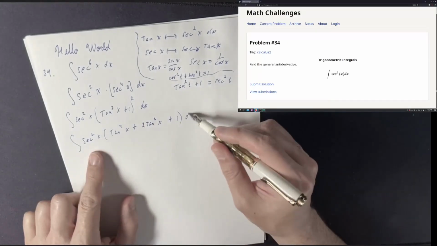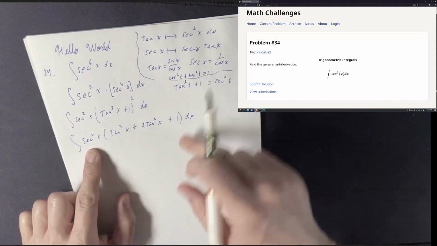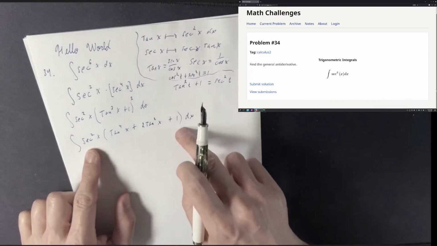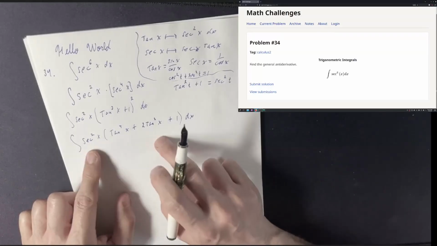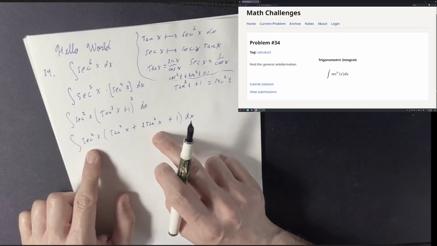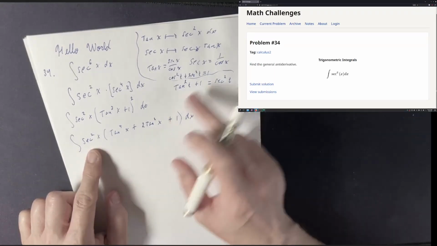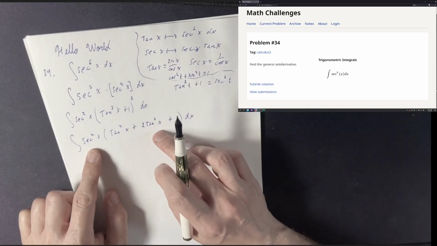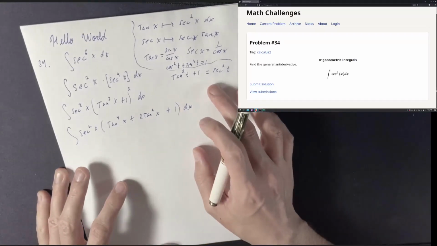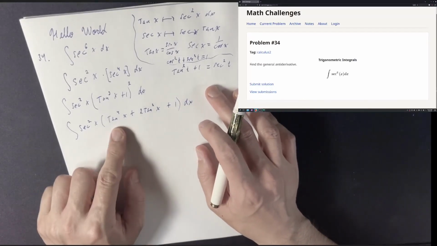Now the 1 is handled. The antiderivative of secant squared is tangent. The other two are a little gory. If this was odd, we could just do a u sub with secant times tan, but it's not gonna work out for us. And this is also squared.